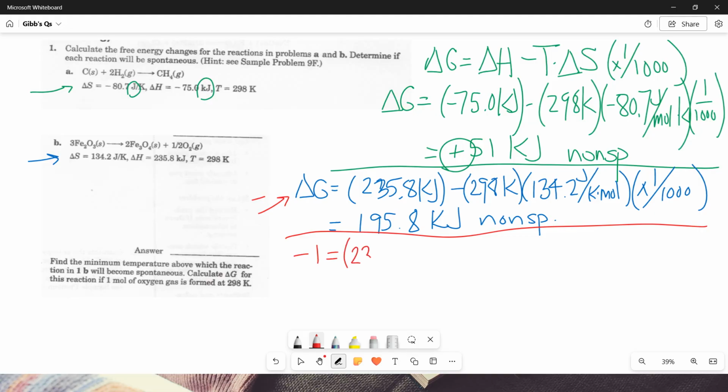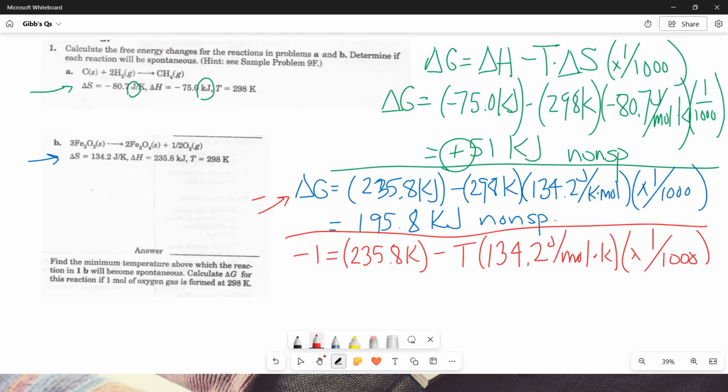So we have 235.8 kilojoules here, minus the temperature that we don't know to make it spontaneous, times 134.2 joules per mole K, times 1 over 1,000 to convert joules to kilojoules for entropy. So if I simplify this problem, I'm going to first take this one over.